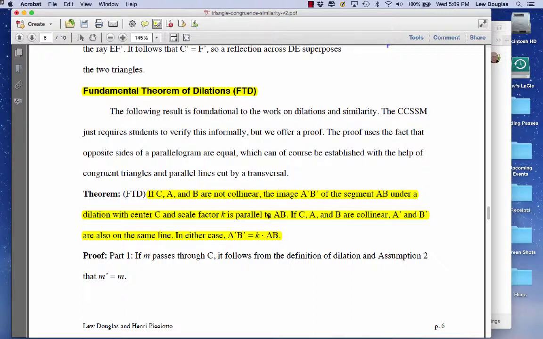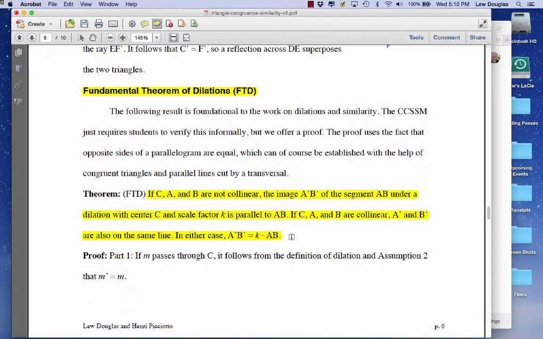That's case one. And then case two says if A, B, and C are collinear, then A prime, B prime, C prime are also collinear. And in either case, the segment gets stretched by the scale factor.